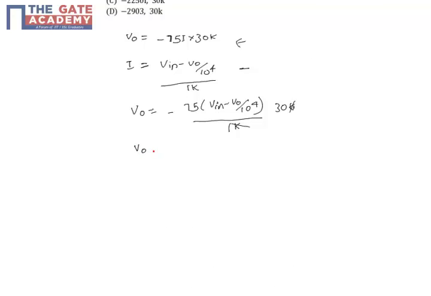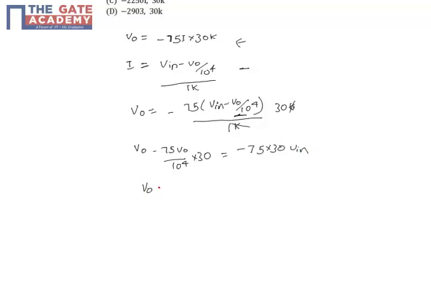So V0 minus 75 V0 by 10 power 4 into 30. This is the second term. First, we are bringing this second term to the left. Be equal to minus 75 into 30 V.